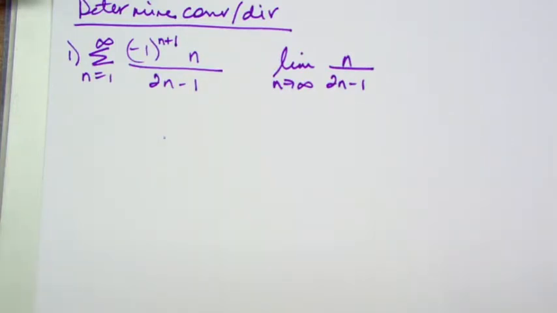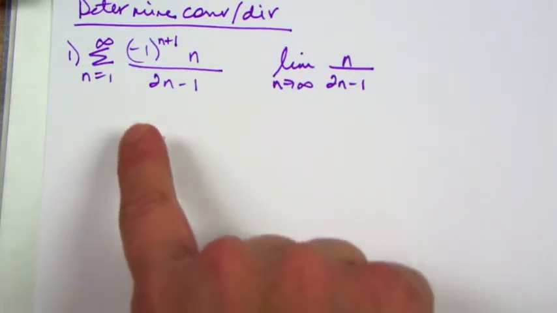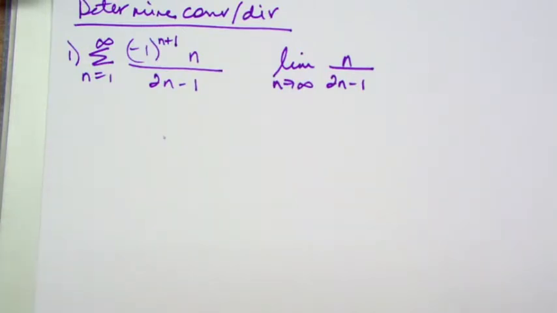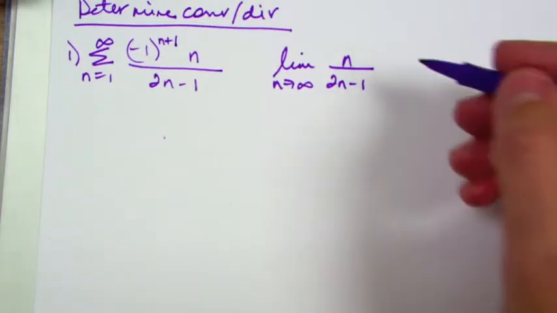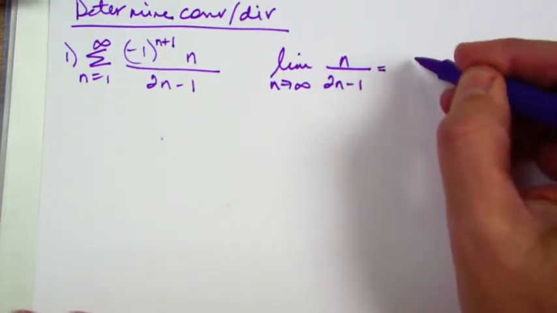Would that always be obvious? Good question. A lot of the time, yes. I'm going to show you an example where it gets disguised within a trig function. But for the most part, alternating series are pretty obvious. They have a -1 to a power. So what does this limit approach? 1/2.